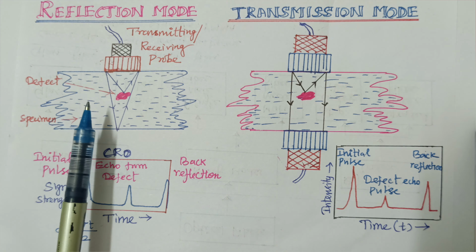Second one, the through transmission method. In this method, the transmitted probe is placed at one end of the specimen and the receiver probe is placed at the other end.